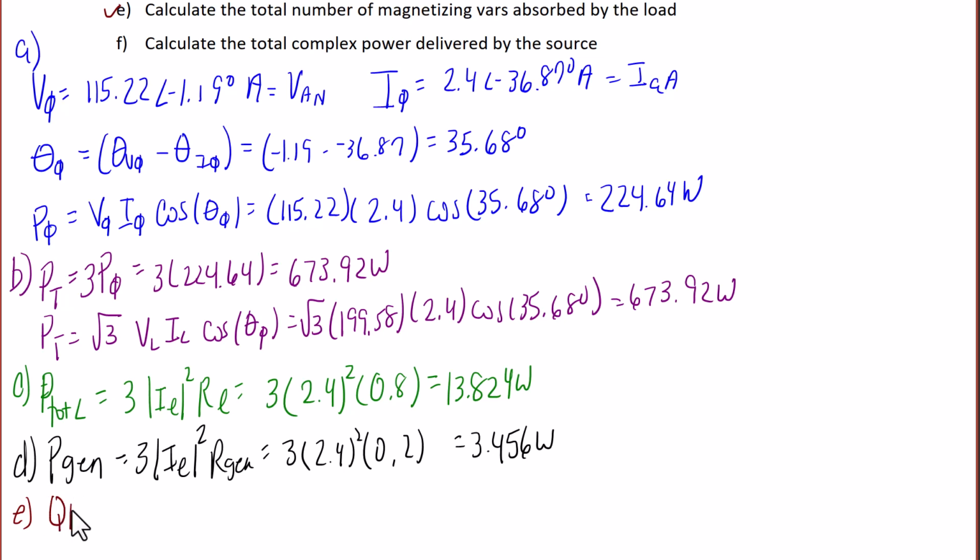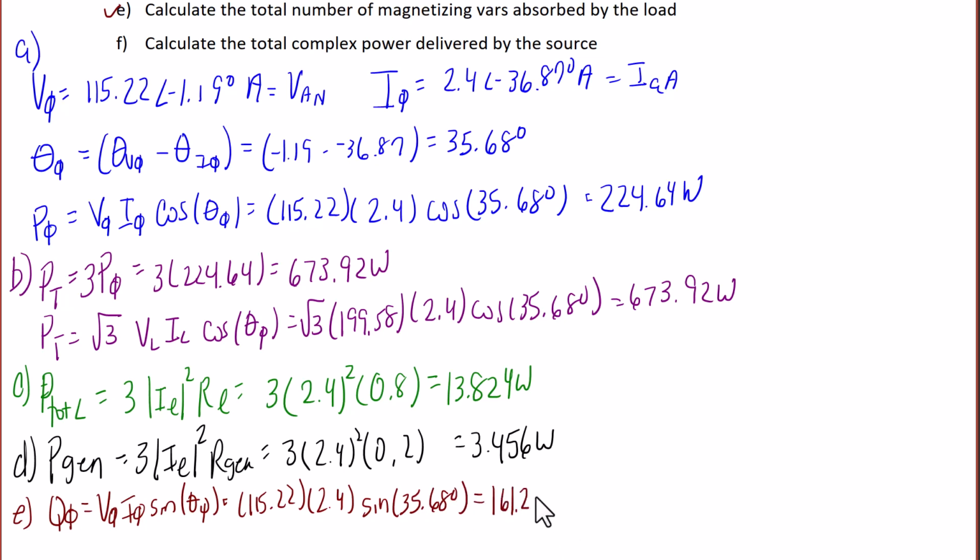So first, you can find Q phi, where Q phi is equal to V phi, I phi, sine of theta phi, which equals 115.22 times 2.4 times the sine of 35.68 degrees, which yields a Q phi is equal to 161.29 VAR.